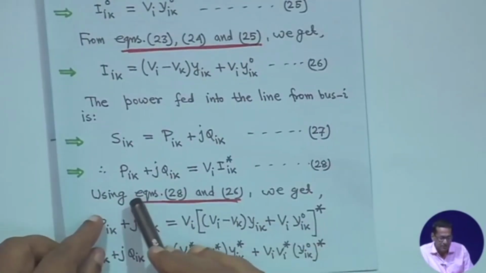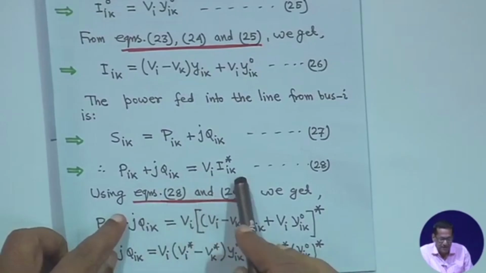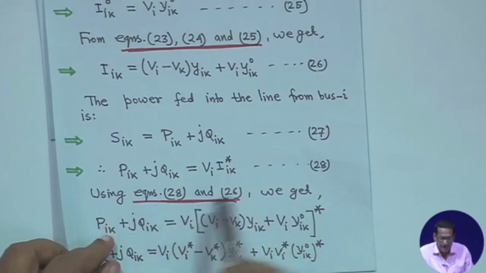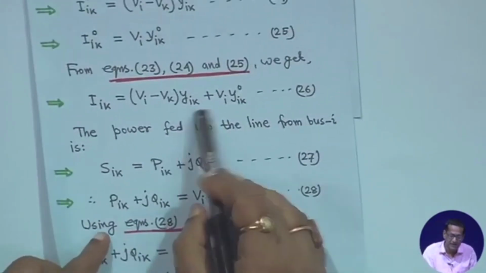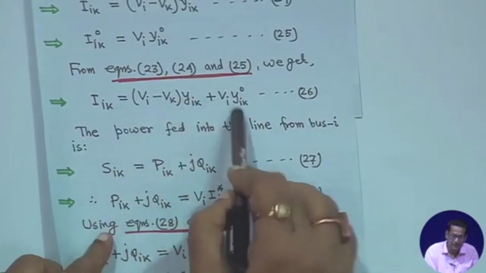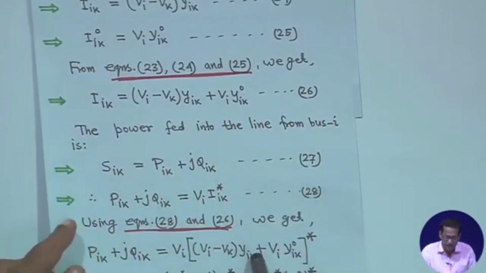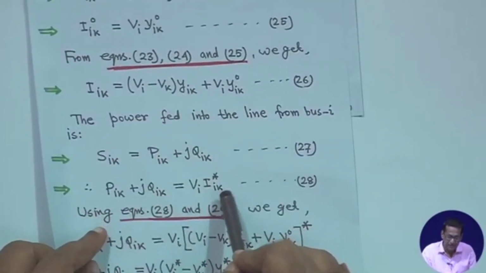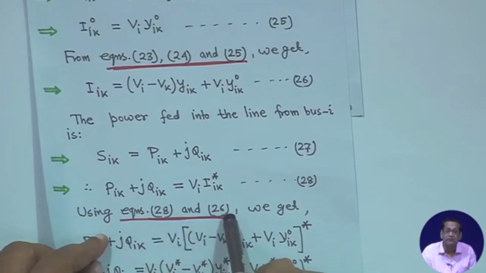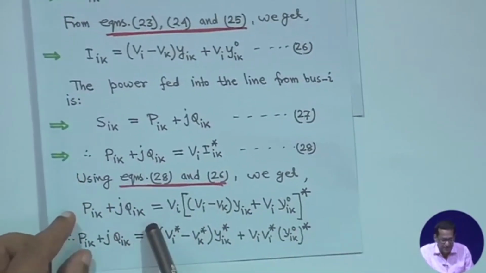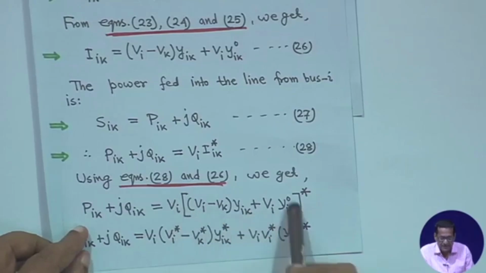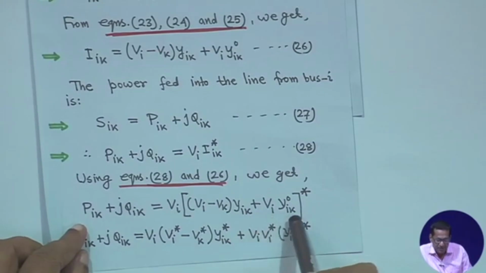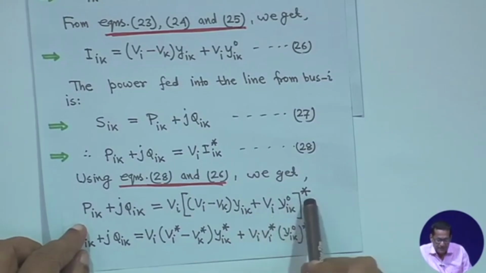Now, we know that P_ik plus jQ_ik is equal to V_i I_ik conjugate, right. Therefore, this is equation 28, and using equations 28 and 26, where I_ik is this equation, you substitute it here. You will get P_ik plus jQ_ik is equal to V_i in brackets, this is your I_ik, (V_i minus V_k) small y_ik plus V_i small y_ik0, the whole conjugate.